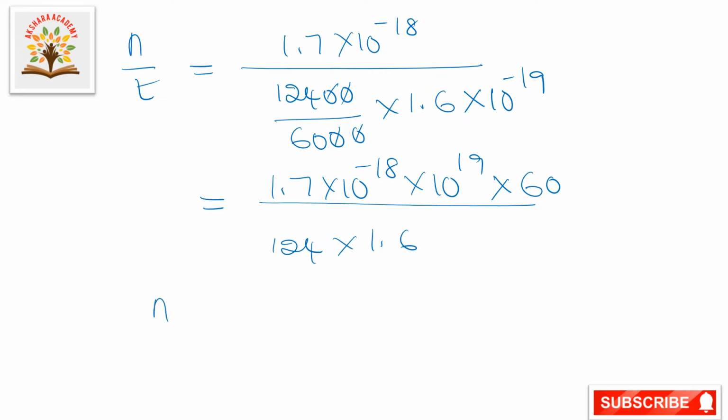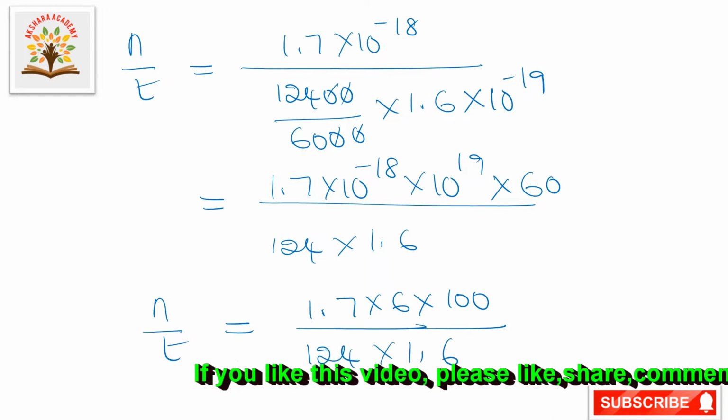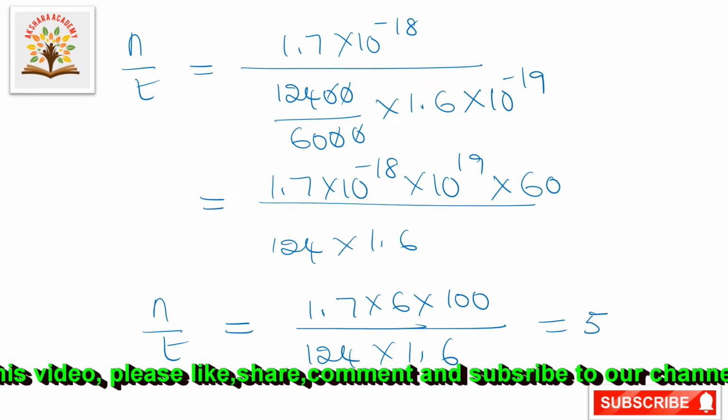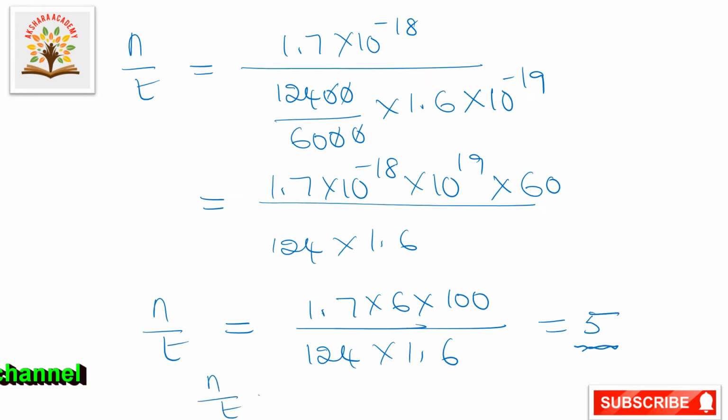So number of photons per second is equals to 1.7 into 6 into 100 by 124 into 1.6. After calculation we are getting 5. This is the final answer. Number of photons per second is equals to 5. Okay, next we will go to the next question.